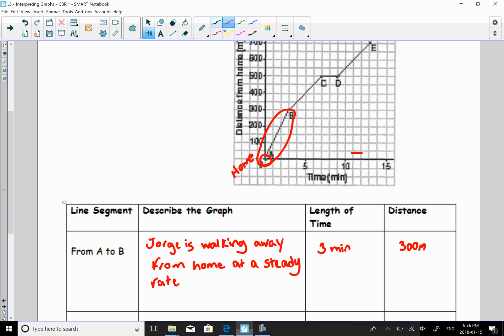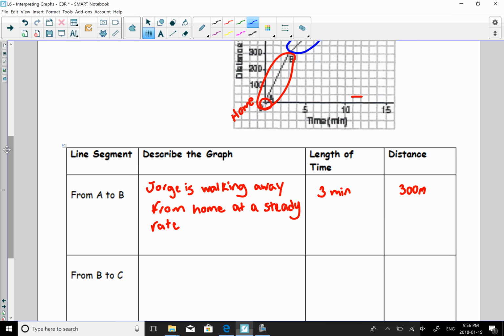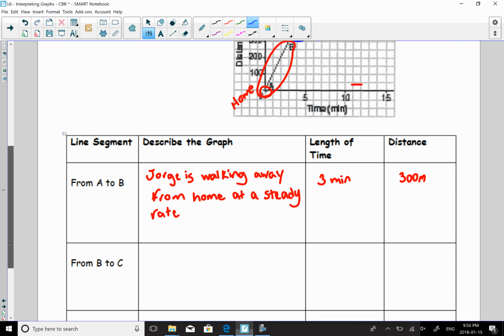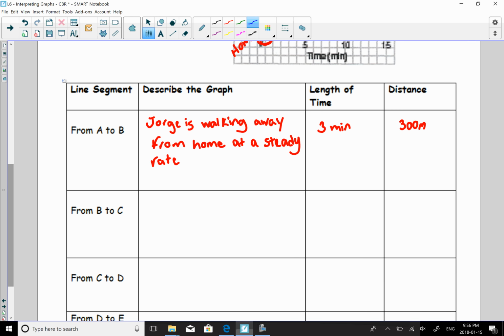So now let's look at BC. BC is not as fast as AB because the hill is not as steep. So he slows down, and let's see. So George slows down his walk.